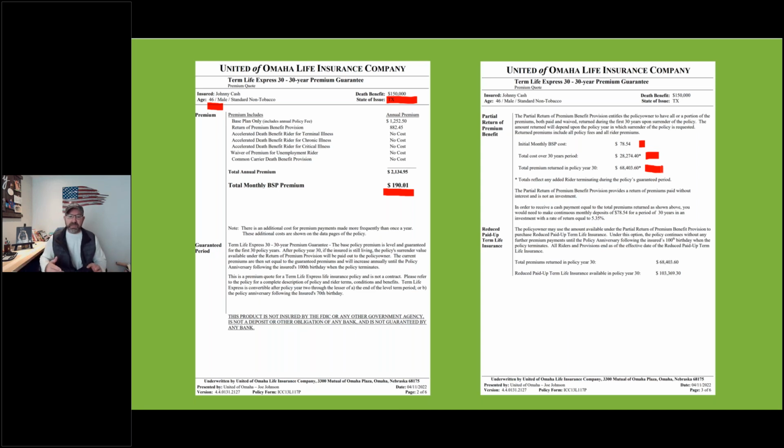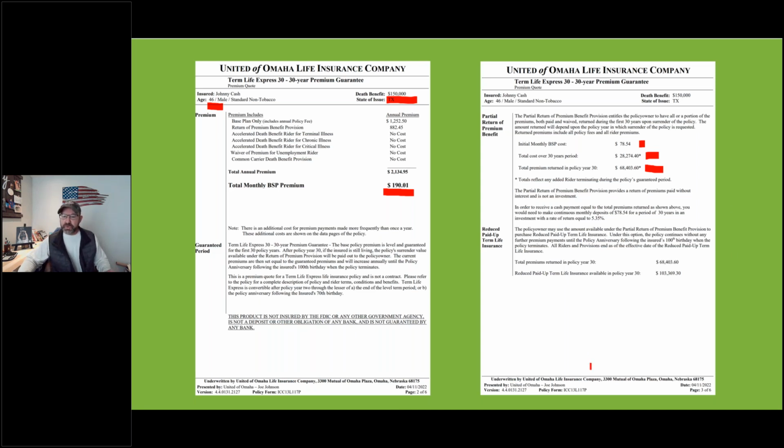Now, to me, that's kind of a no-brainer, right? Like, Mr. and Mrs. Client, you're good, especially if they're going to buy the term anyway. Yes, we're going to get it. Well, let me show you this way: over the next 30 years, you just need to set aside $28,000 to get back $68,000. I mean, that's more than twice their investment.